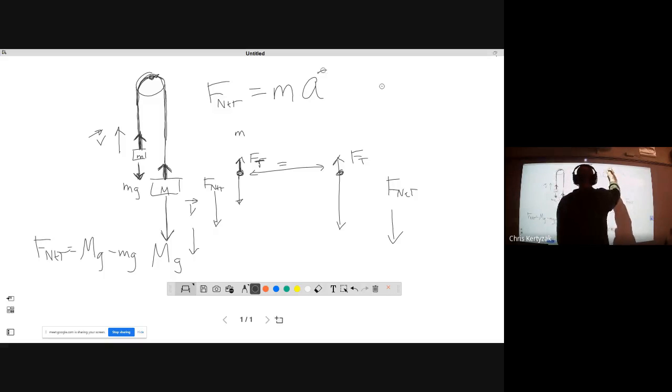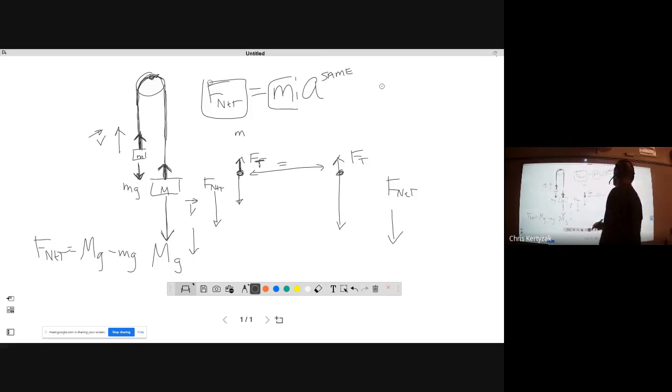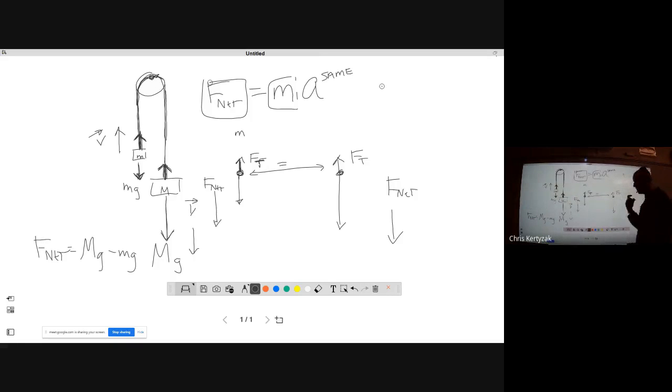But if they have the same acceleration because they're locked together by a rope and their motions have to be synced, then the one with the larger mass must have the larger net force, right? Because F net is proportional to m, assuming their accelerations are the same.